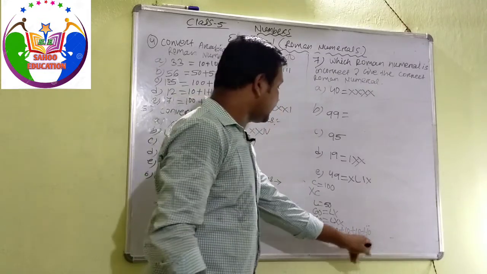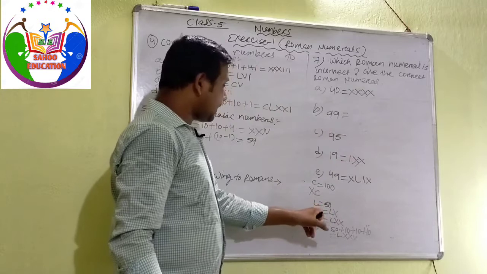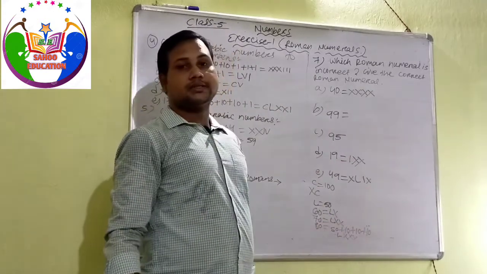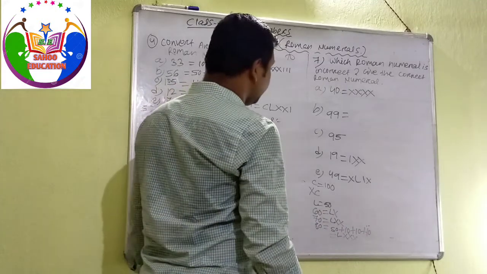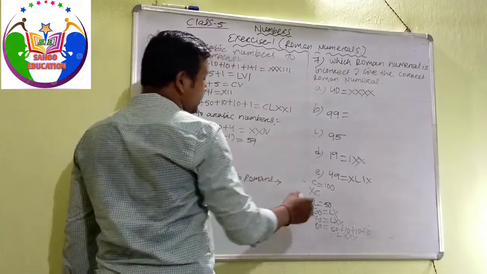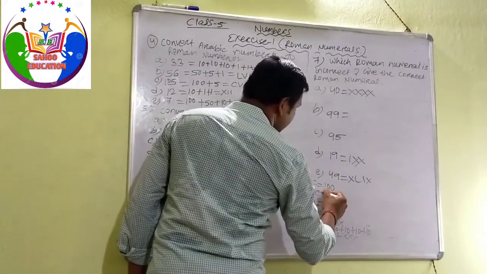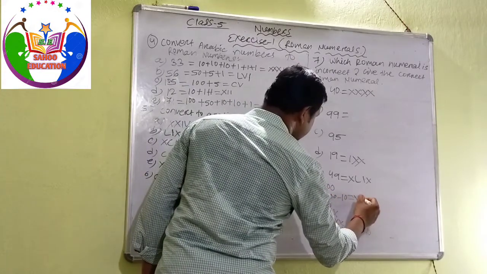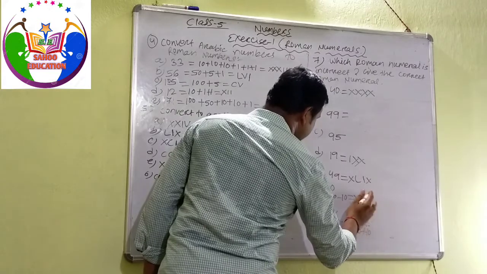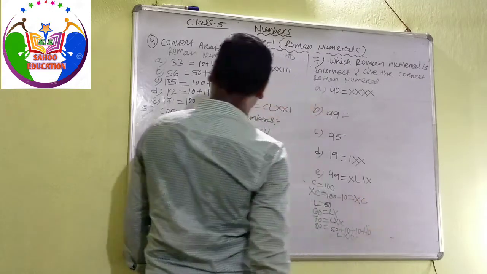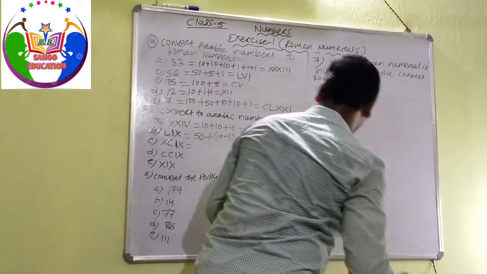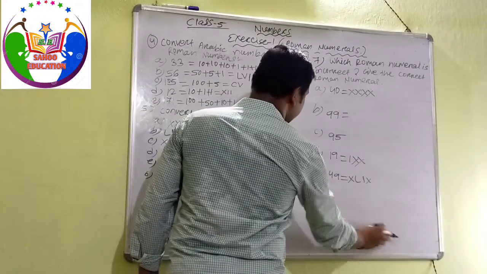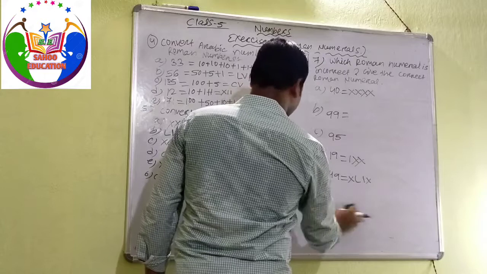Now X is repeated 3 times, so for 90 we cannot write L and X 4 times. We will write X before 100, that is 100 minus 10. XC is for 90.